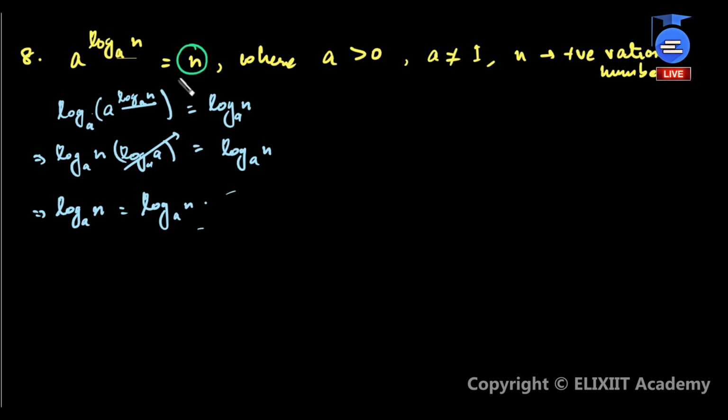One more property can be there. I don't know if I've covered this or not, but you must know this property. In case you have done it, it's fine. But if not, one more property is that a to the power log c base b and c to the power log a base b are the same expression.